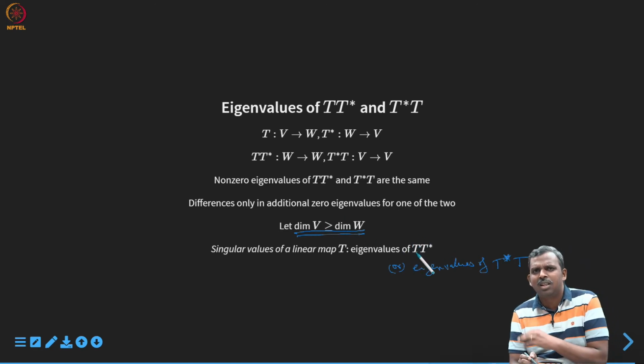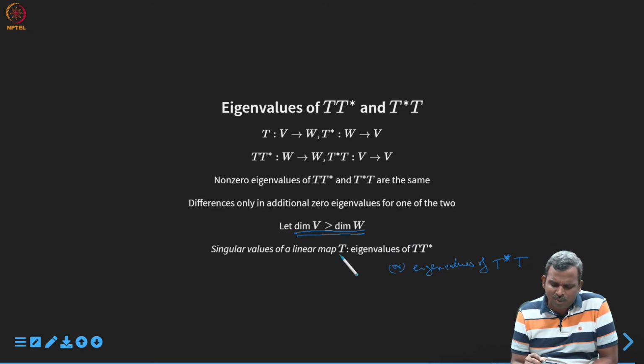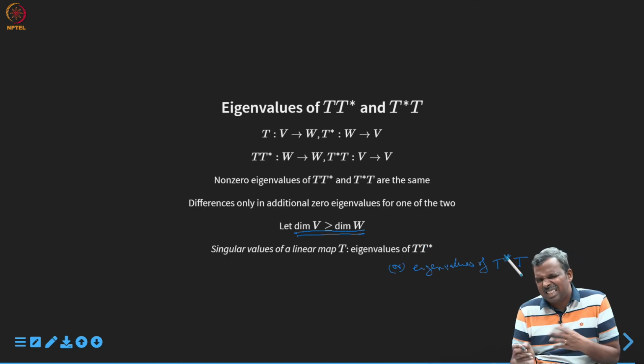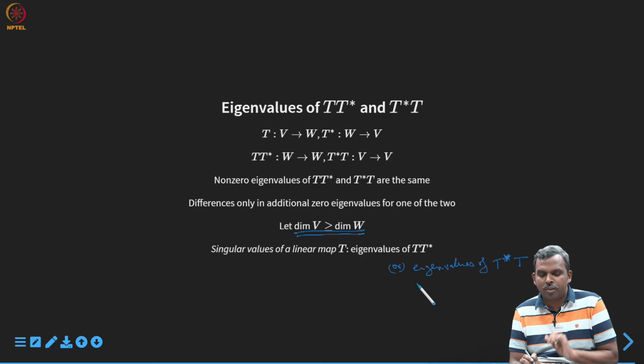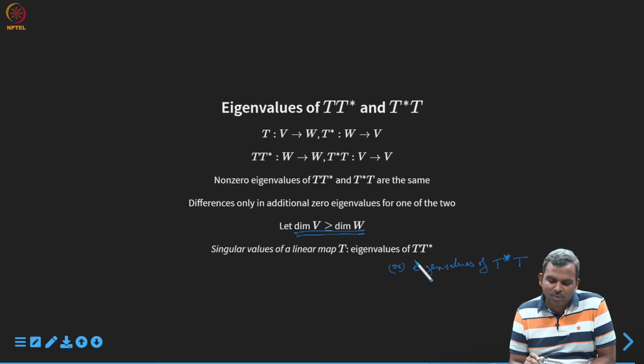So, a bunch of zeros I'm ignoring, but that's okay. You can do it either way, as long as you understand that zeros are the only things that differ here. We can take it as the smaller one, so that you do not have to keep track of a lot of values. So, singular values of a linear map T are eigenvalues of T T star, or T star T also, which is the same.